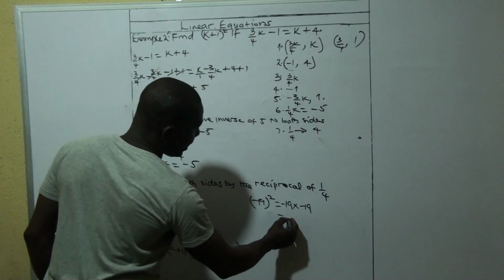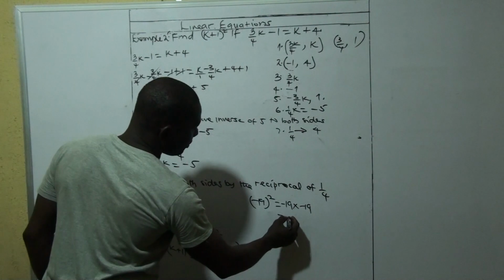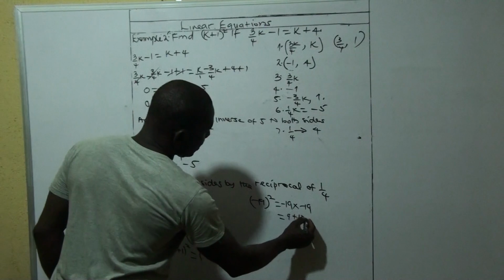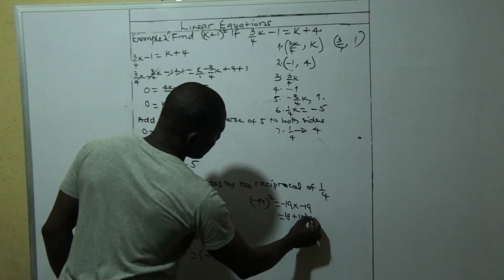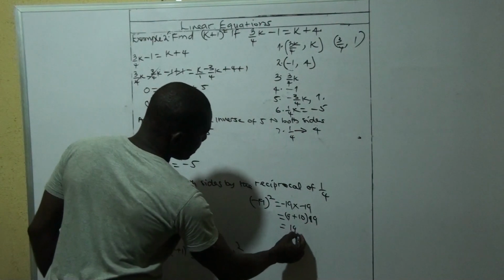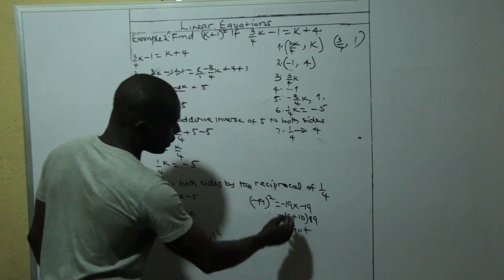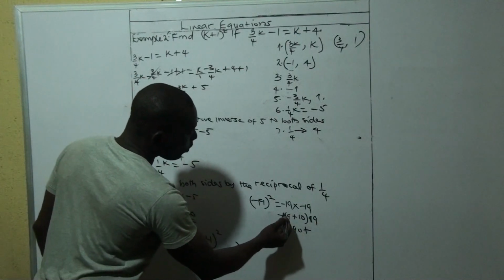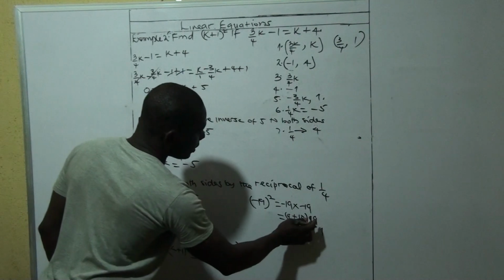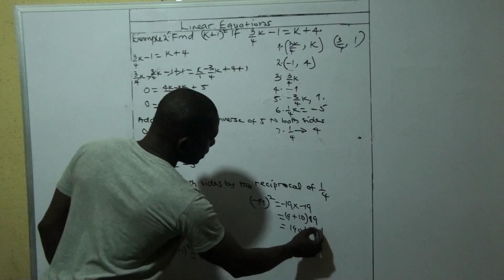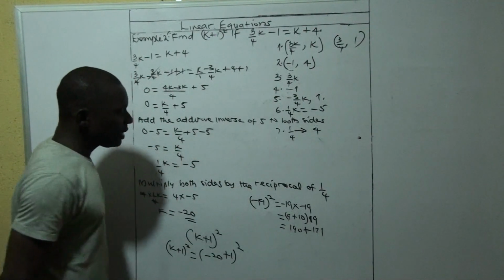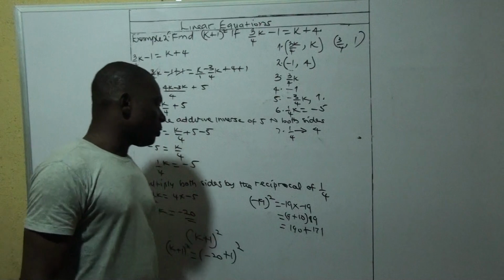Minus times minus is plus. So we have 10 times 19, which is 190, plus 9 times 19, which is 171. 9 times 1 is 9, plus 8 is 17.